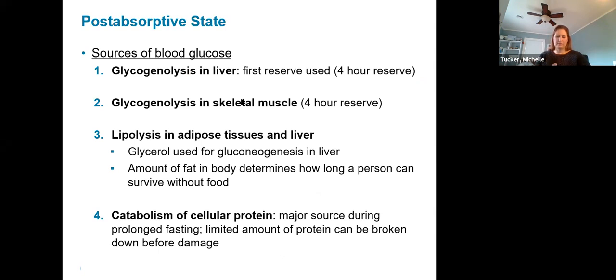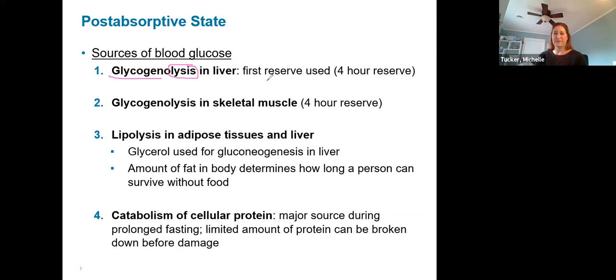Sources of blood glucose are going to be glycogen from the liver or skeletal muscle. So that lysis, if you remember, lysis is breaking down. So we're going to break down glycogen from liver. This is the first reserve used. This is one of the liver's main functions. Although the liver has about 500 functions, it's one of the few things that we can't reproduce synthetically.